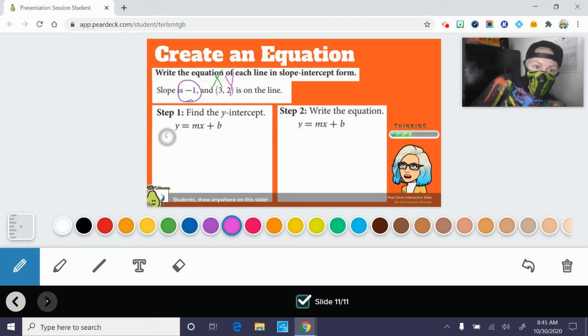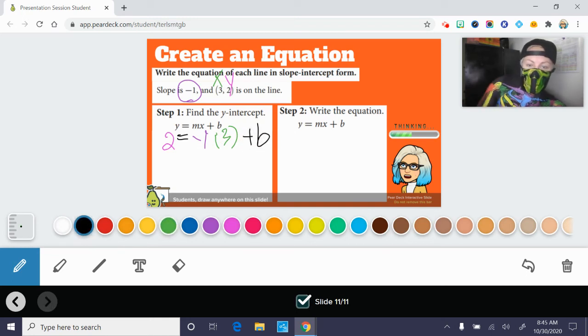So the y is 2 equals, my m is -1. My x is 3, so I'm multiplying the slope and the x term. And my unknown is still b, okay? But I know all the other pieces, so I can figure out b. I'm just solving this equation now for b.